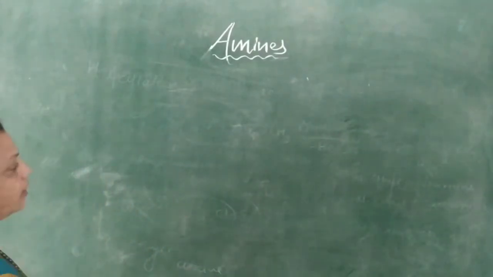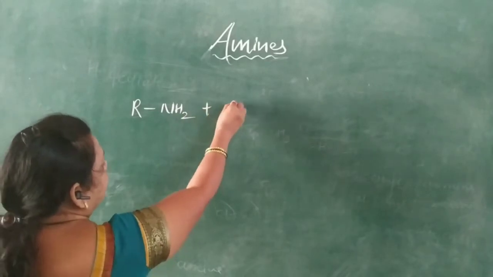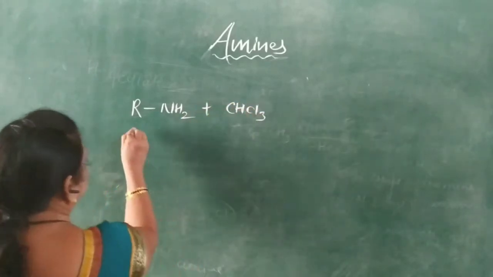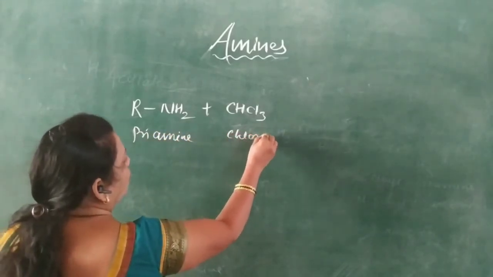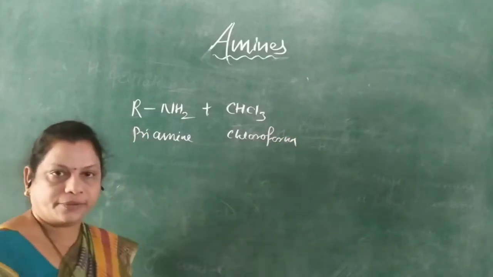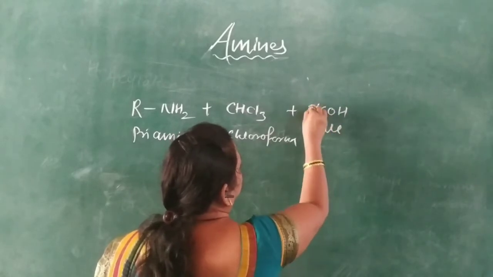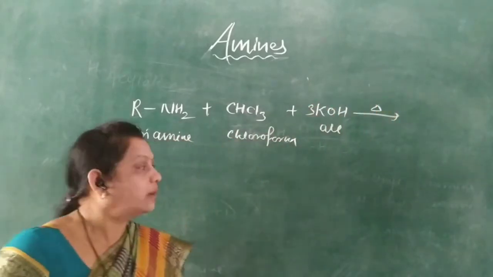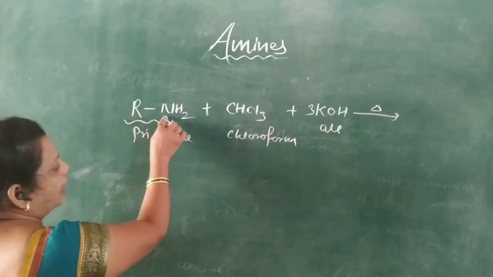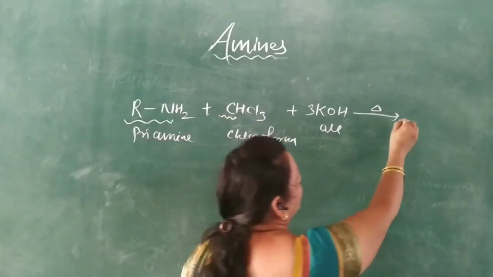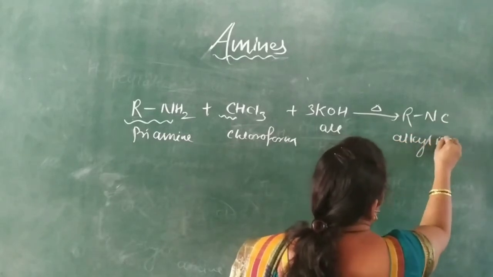So when a primary amine RNH2 reacts with chloroform, CHCl3, and alcoholic potassium hydroxide, heated, the reaction forms RNC. This is an alkyl isocyanide.